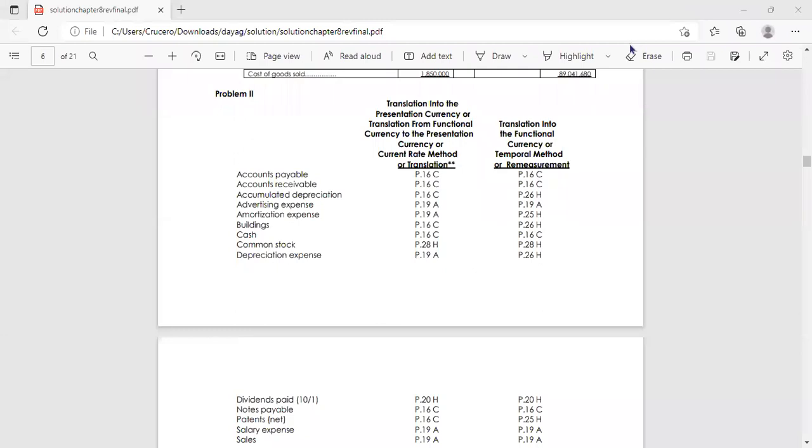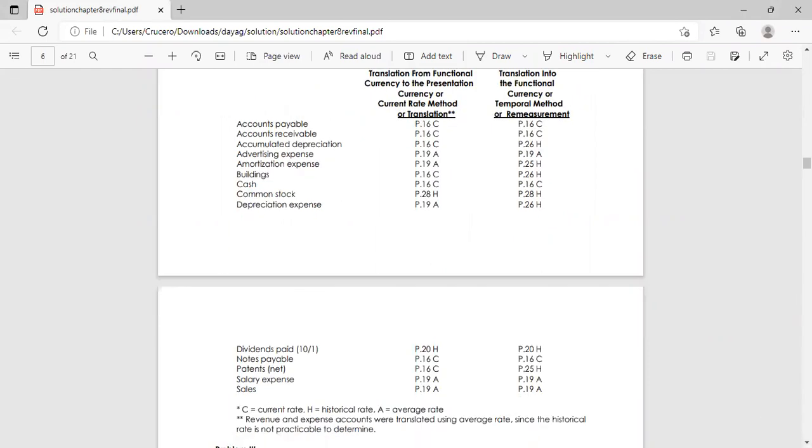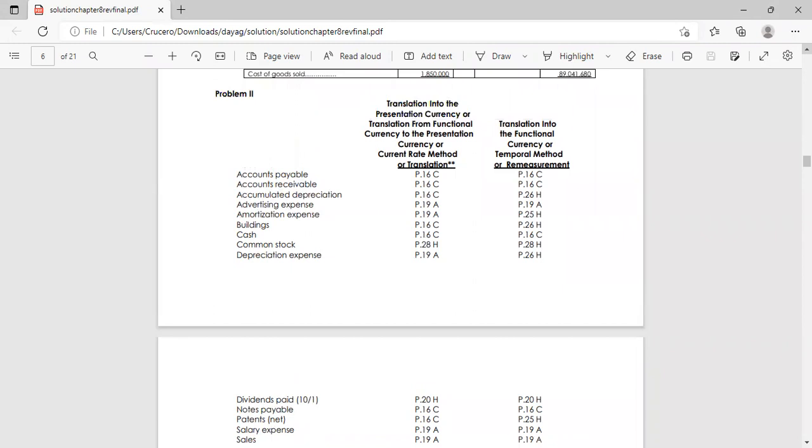Good afternoon. I'm going to discuss the straight problems and the multiple choice problems of chapter 8, beginning with straight problem number 2.